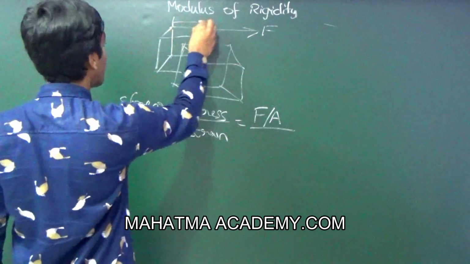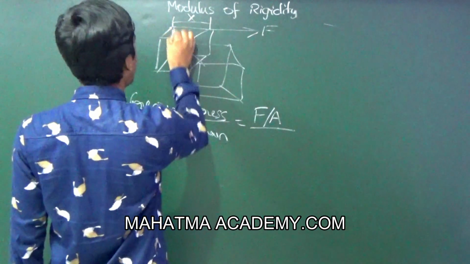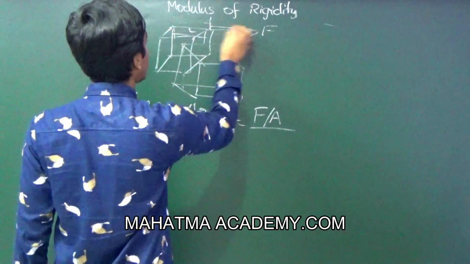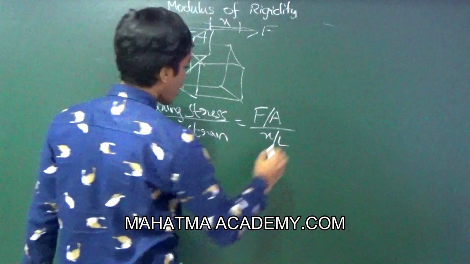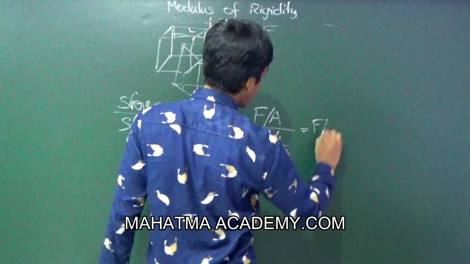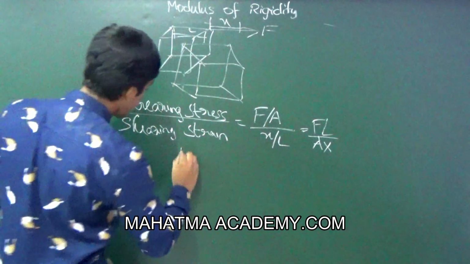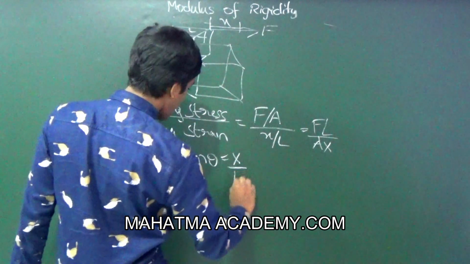Here it is x, total is L. This L, it is x. So x upon L. So it is FL upon Ax, or tan theta is equal to x upon L.